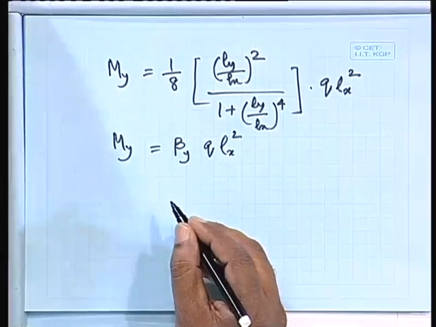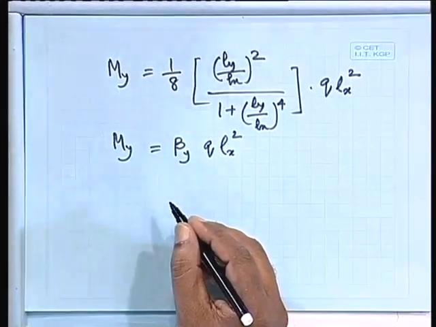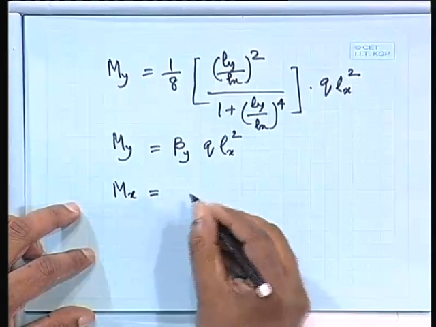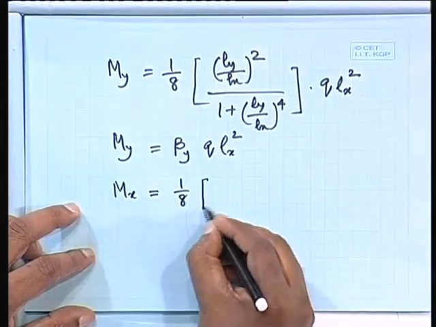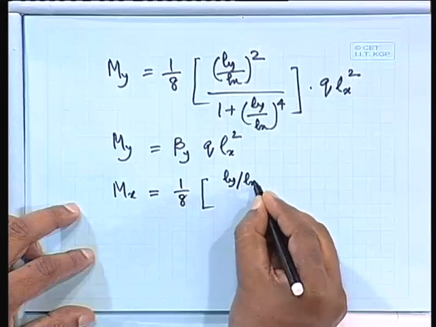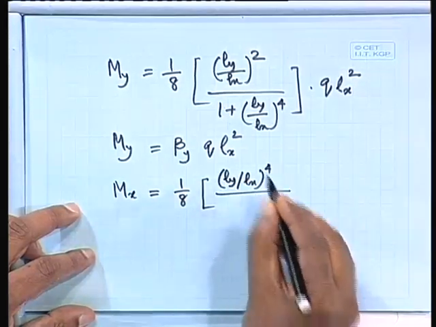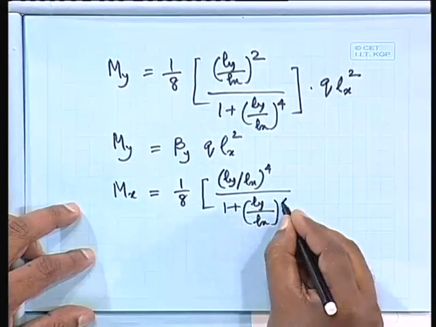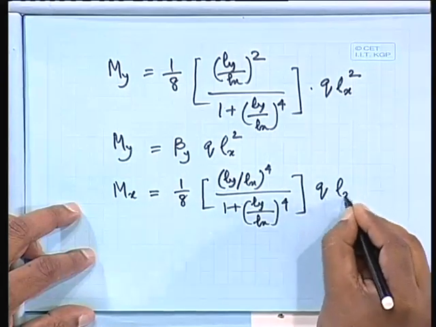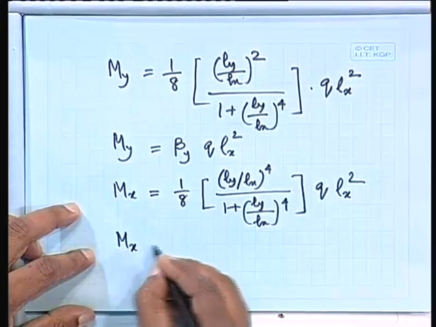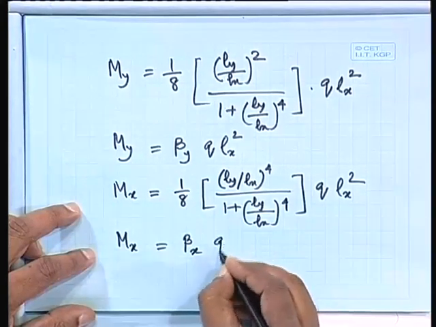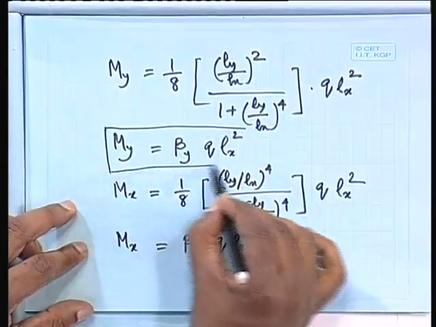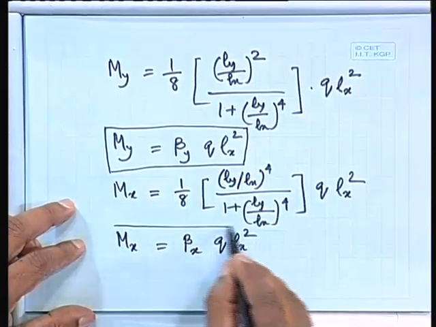So please note, if I write down the same for Mx, then it will be clear. Mx equal to, we have written as 1 by 8, Ly by Lx to the power 4, please note, but here square, 1 plus Ly by Lx to the power 4 times q L square x, and which we have written as beta x q L square x. So we are getting two equations. In no case we are interested to get that Ly.